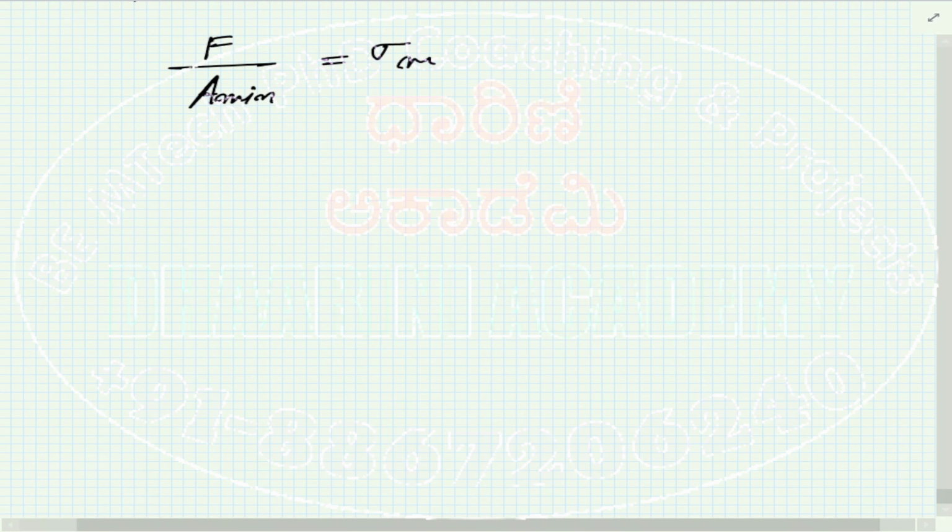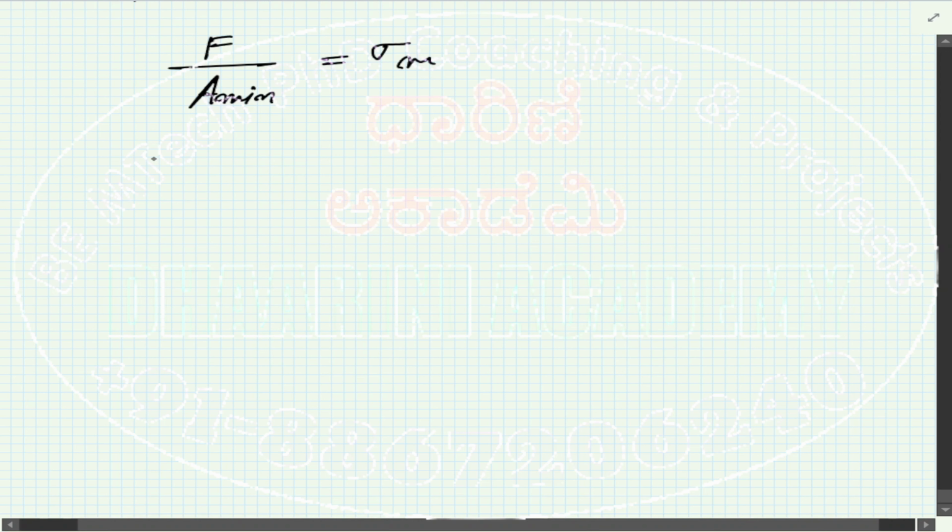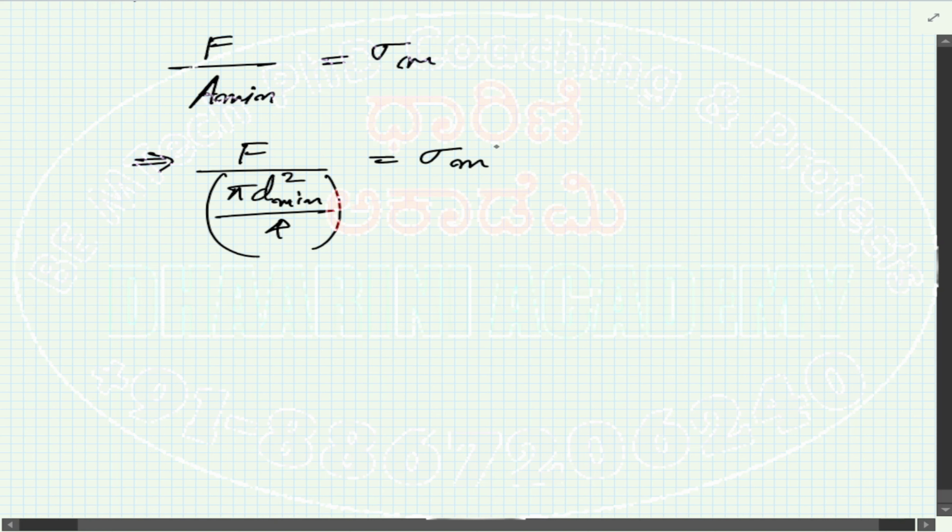So area in terms of diameter, let's write. So this implies the force divided by the area of a circle in terms of diameter, that is pi d square by 4. Since this is minimum, it should be d minimum square by 4, either it is pi r square or pi d square by 4. This should be equal to sigma m.